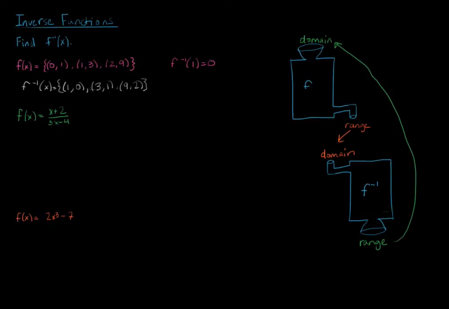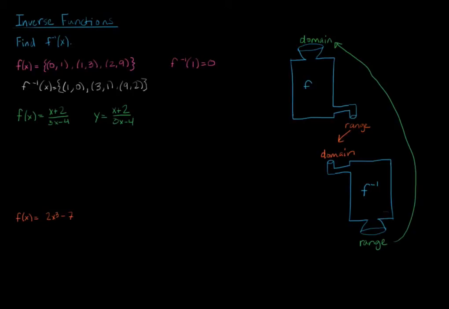When we have an inverse function, we're basically switching the output and the input. So what we need to do is write down y equals (x plus 2) over (3x minus 4).